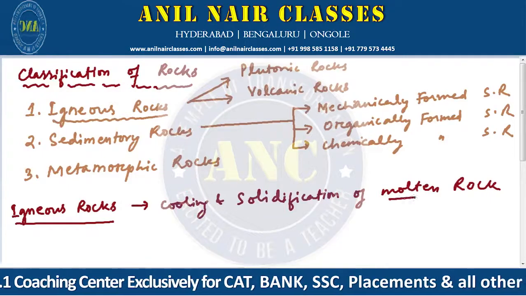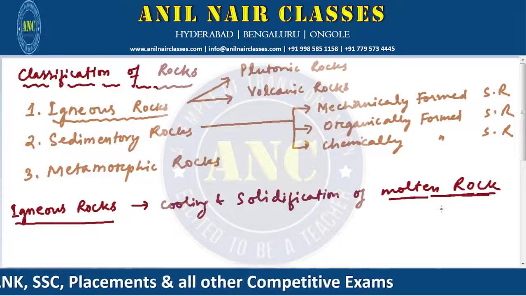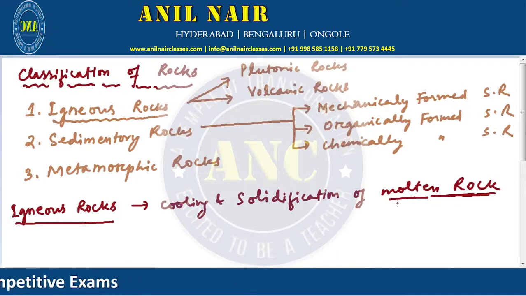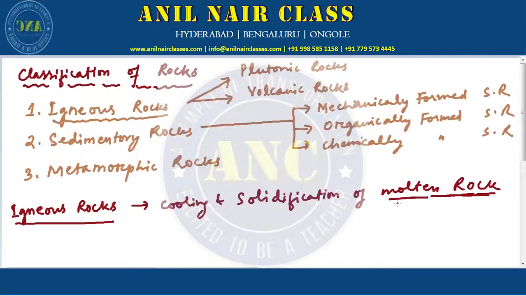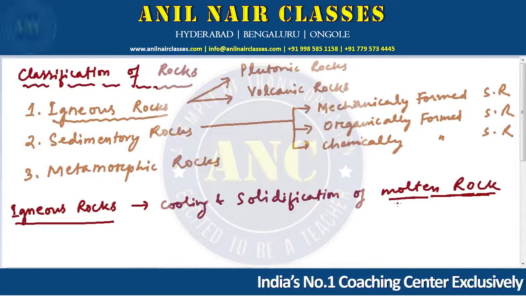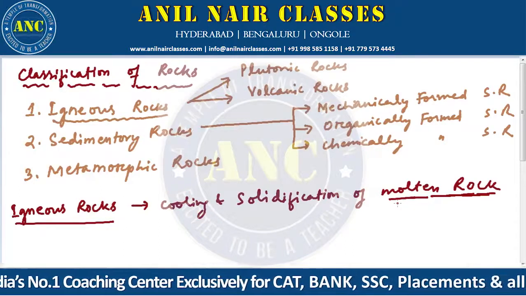What is this molten rock? I have just discussed a few times ago that the lava which comes out will be coming out in the form of molten liquid, and then it solidifies. So that cooling and solidification of the rock itself is called igneous rocks.